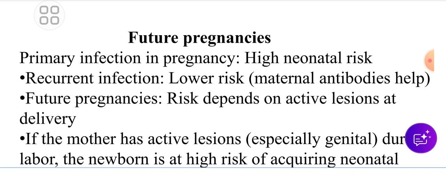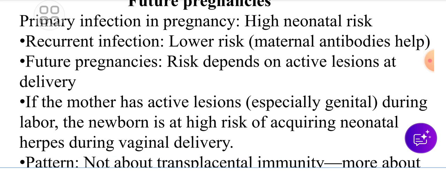The risk depends on the active lesion at the site of delivery. If the mother has an active lesion, especially on the genitals, during labor, the newborn is at high risk of acquiring neonatal herpes during vaginal delivery. This is one of the indications for cesarean section.